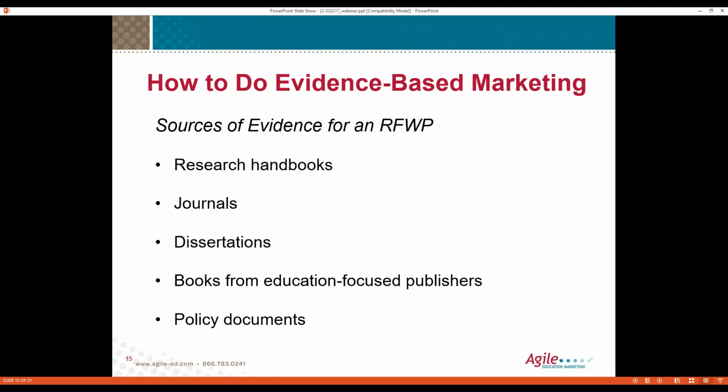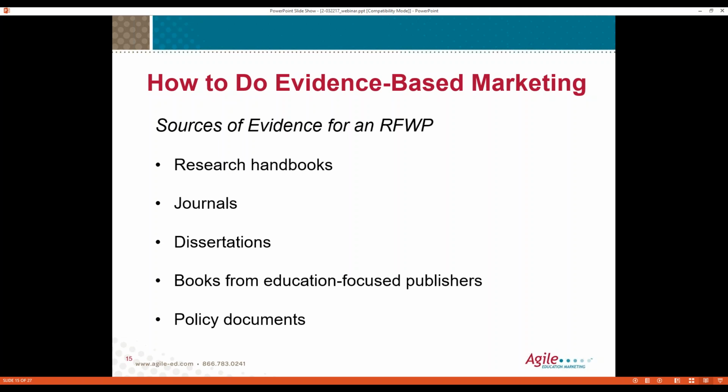In addition to the reporting of the study that the doctoral student did, almost always, having gone through this, doctoral students have to include a review of the literature as chapter 1 of their dissertation. And often in that review, you'll find sources that are just perfect to support a claim. So dissertations are another good source.